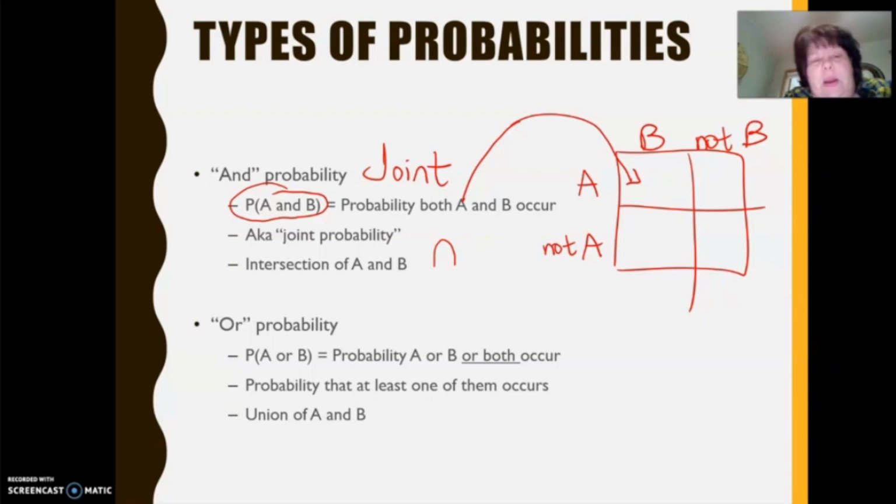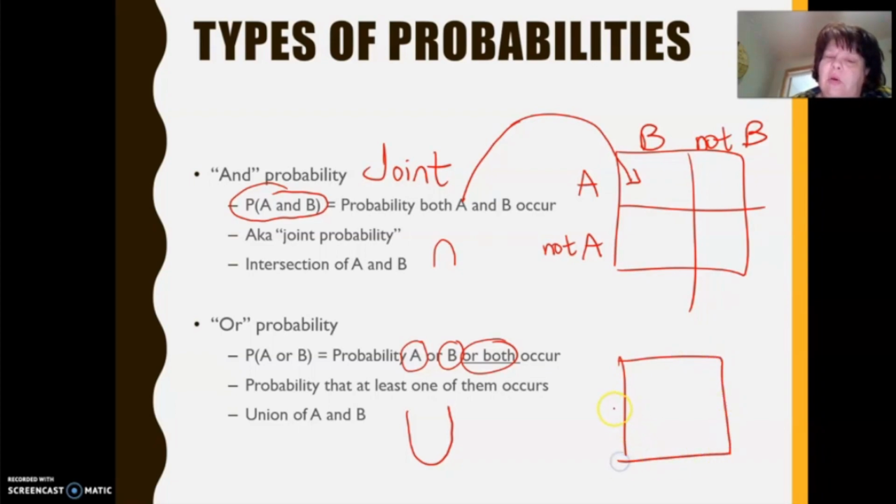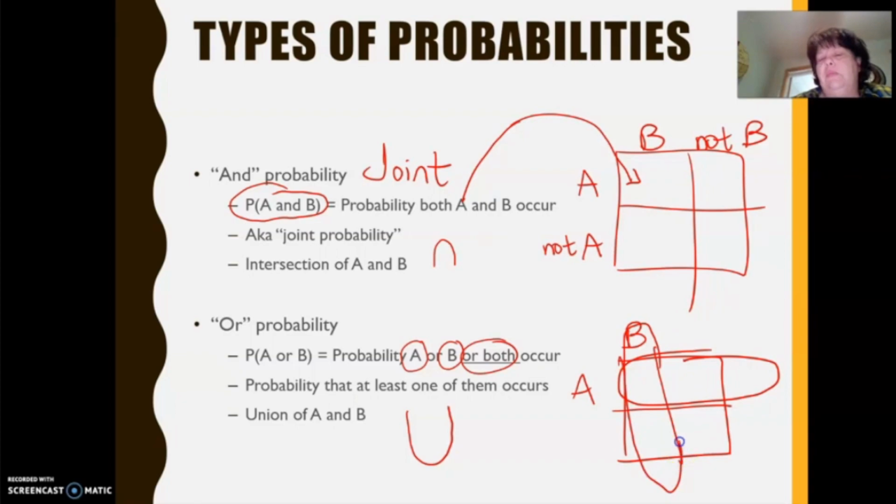Then we have an OR probability, which is more encompassing. It's bigger. A or B means you can have A, you can have B, or you can have both. It's a union, if you remember that notation from a while back. So if you did A union B, or A or B, here's A, here's B, it means anybody in A, anybody in B, and anybody in both.